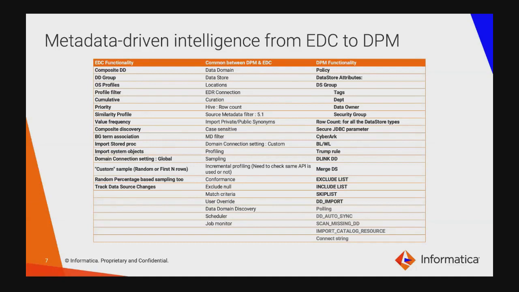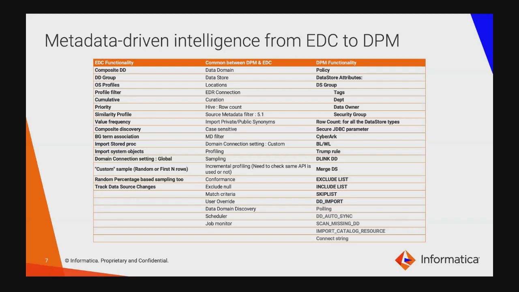What is the difference? One of the major questions that keeps being asked is, what is common between EDC and DPM, and what value do I get if I have EDC and procure DPM, or if I have DPM and procure EDC? This table provides you a view of the different functionality, which is different from EDC.